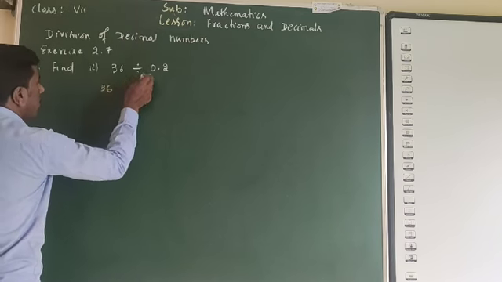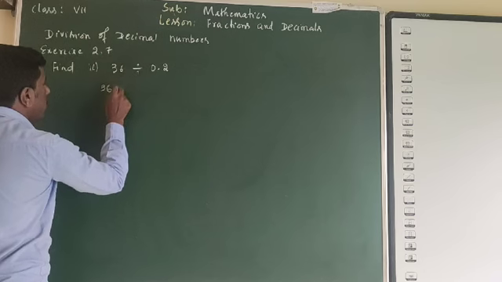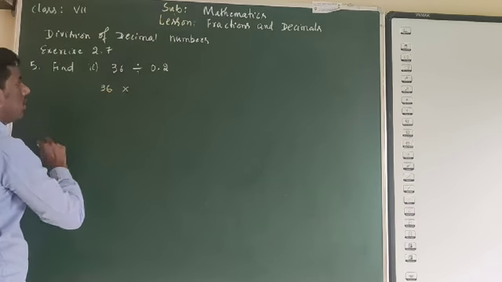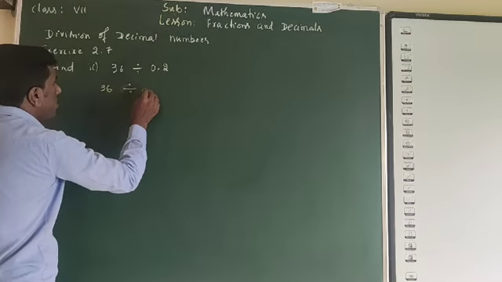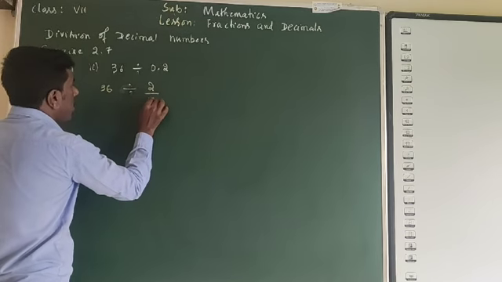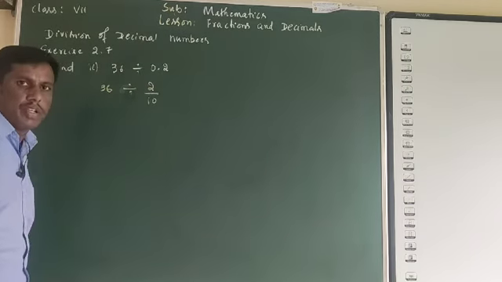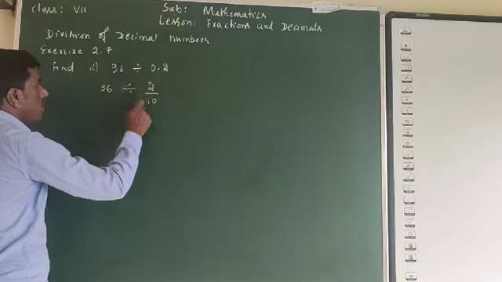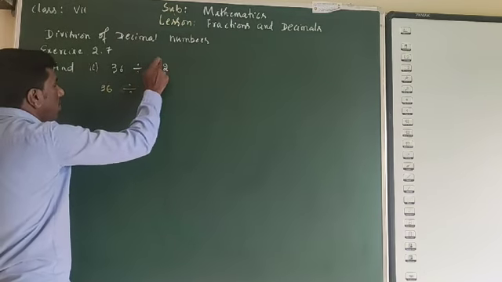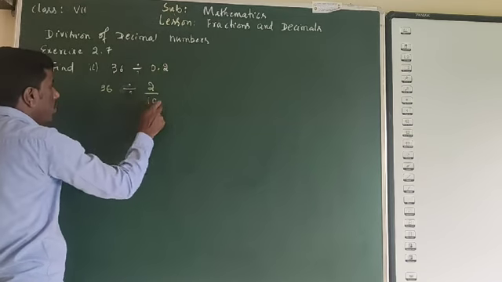Then the division operation will be converted into multiplication. Before that, 0.2 I can write in terms of a fraction as 2 by 10. The decimal point is here, and after the decimal point we have one digit, so it will be 2 by 10.